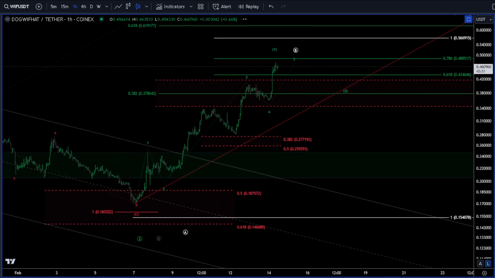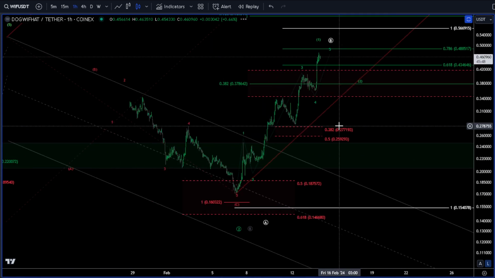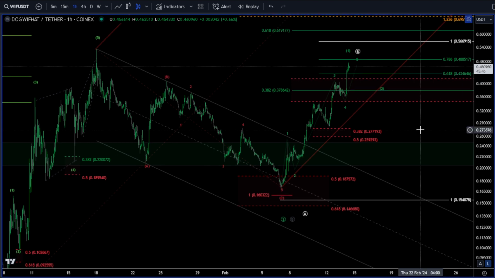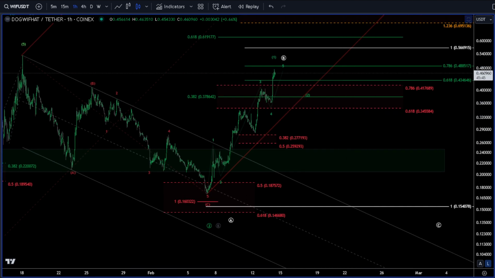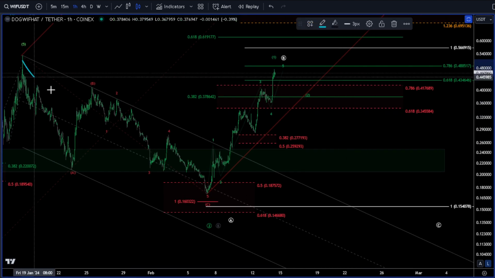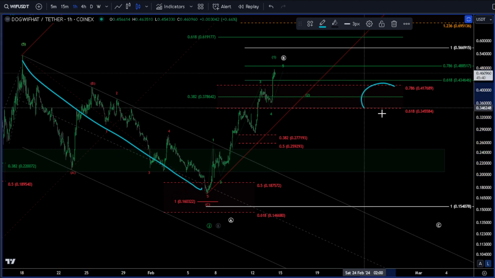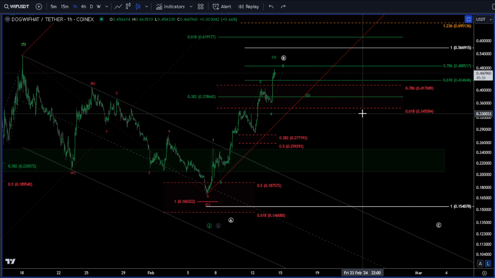Now, an alternative I have, as you can see, we came through the 618 and the 786 of this move to the downside. That's our retracements there. So I'm actually going to get rid of that. Don't need that anymore.